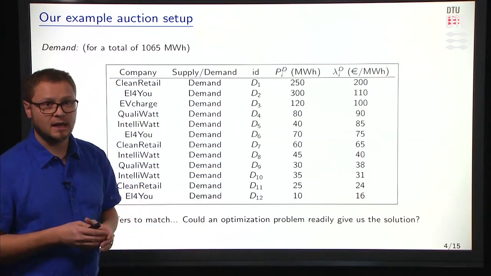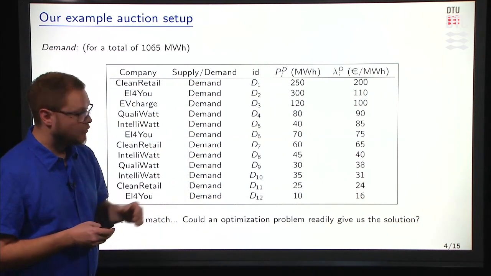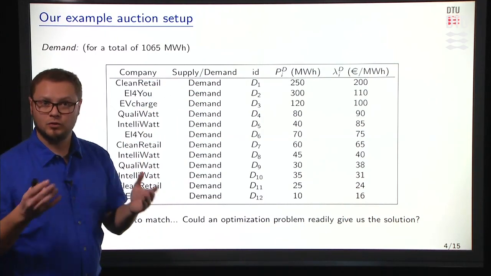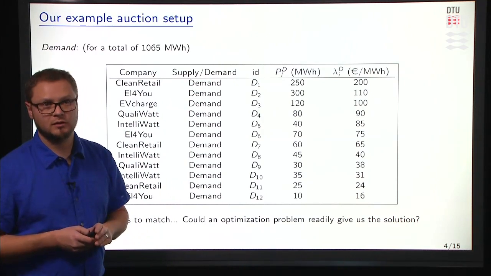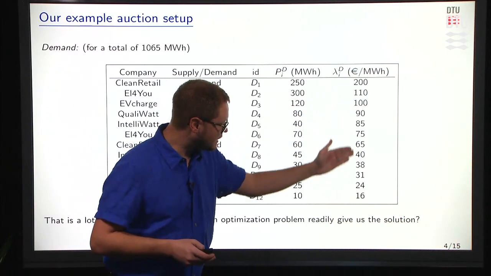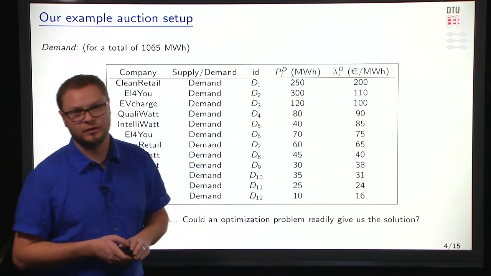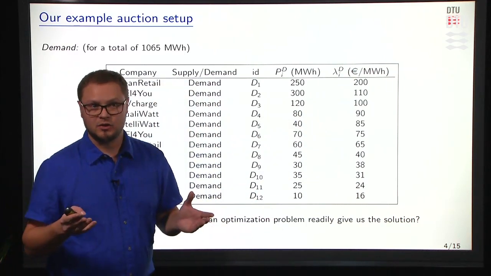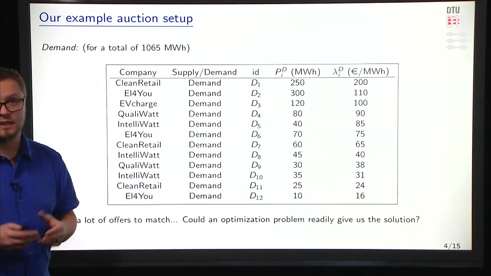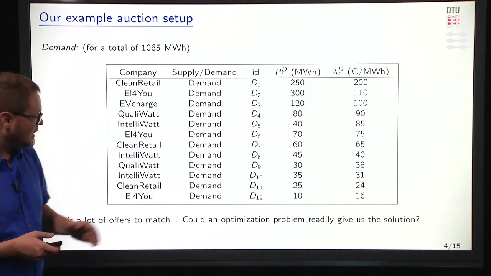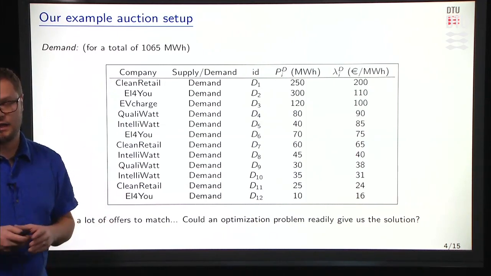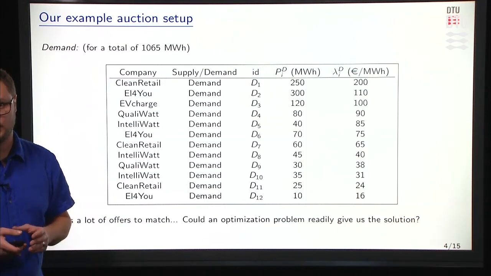Similarly to the supply side, we here list them following the merit order, with the first lines being those who are willing to pay the most for the energy they want to consume, and with a decreasing price as we go through the offers. Similarly to the supply side, we expect the first entries to be scheduled first, to be accepted first, and then the last ones will potentially not be scheduled or scheduled partially.